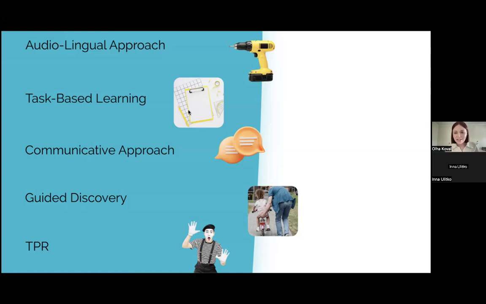Julia says that she uses task-based learning elements, communicative approach, and guided discovery. That's interesting. Task-based learning, TPR, audiolingual with drills. Great. Okay, you can also share with us which ones you haven't used, but you would like to start.